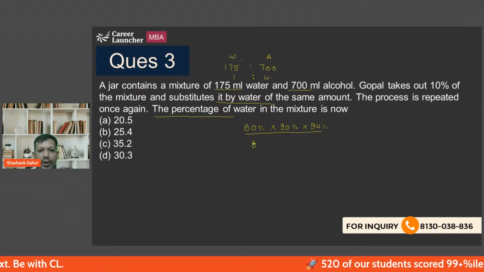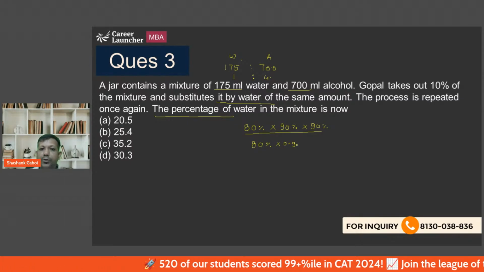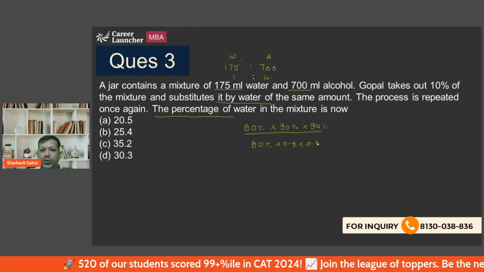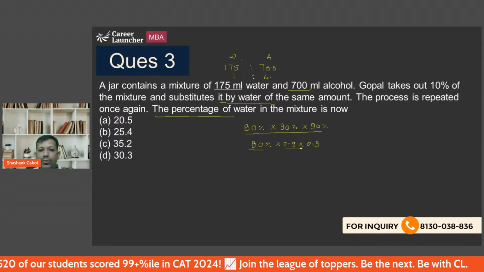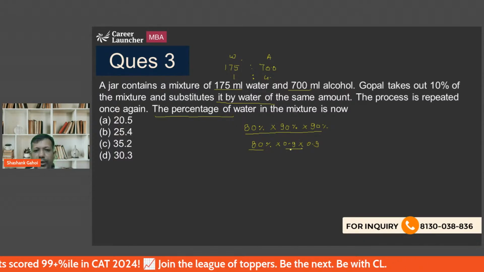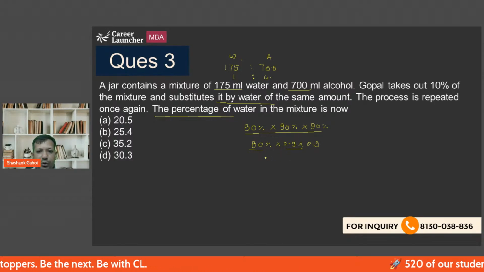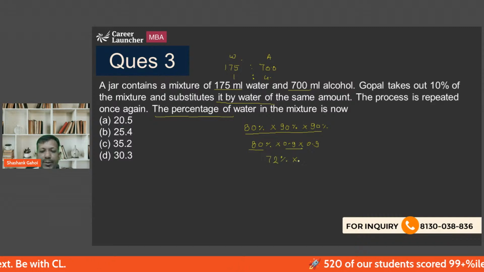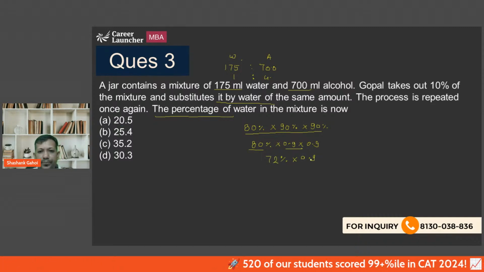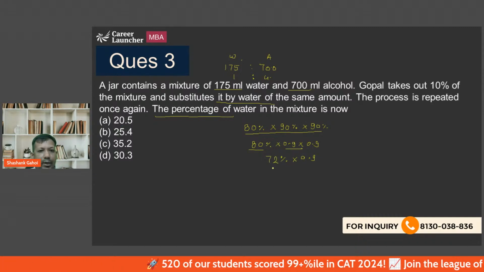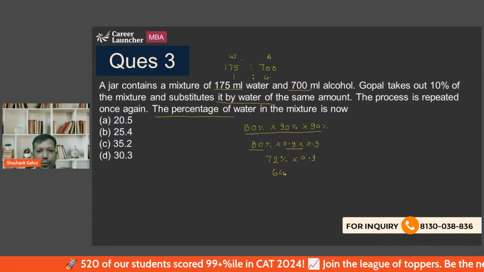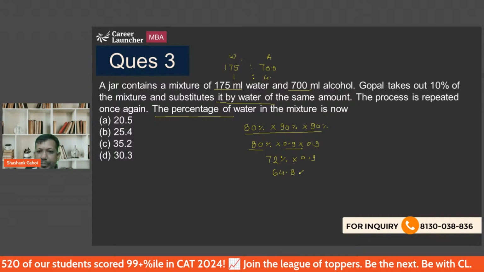So this is going to be 80% into 0.9 into 0.9. So 80 into 0.9 is going to be 72, and it is going to be 72% into 0.9, which is 64.8%.